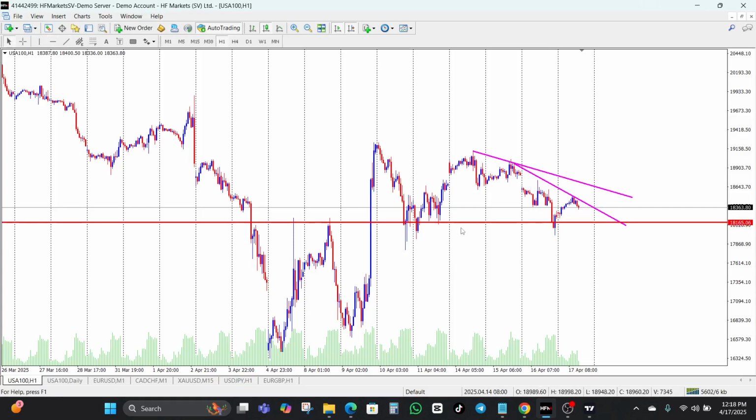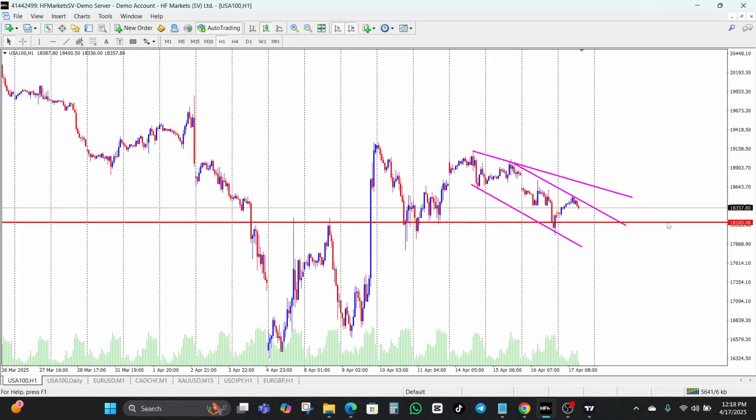Now we have seen that price is trending downwards, but it's facing a support zone. It's facing rejection around this level. But currently, price is trending downwards. Basically, in an uptrend, you look for higher highs and higher lows, and in a downtrend, you'll be looking for lower highs and lower lows.